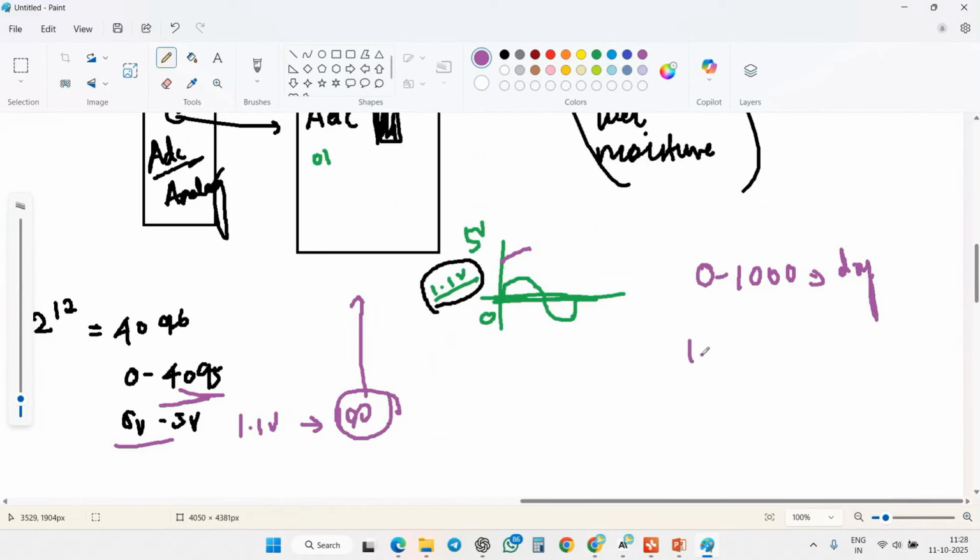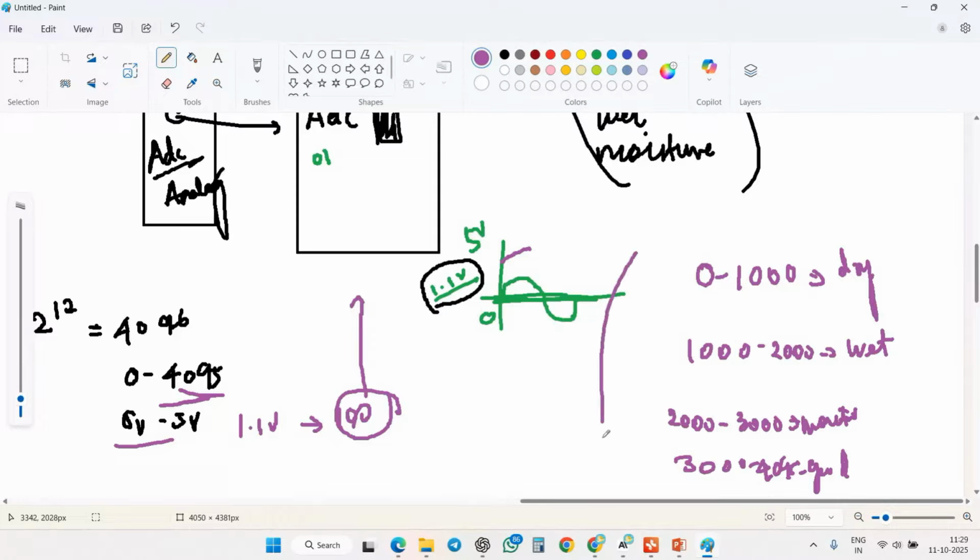If it gives a value of 1000 to 2000, my soil is just wet. 2000 to 3000, it has some moisture. And 3000 to the maximum of 4095, it is good moisture, no need for water. I simply implemented this logic in my code to recognize it.